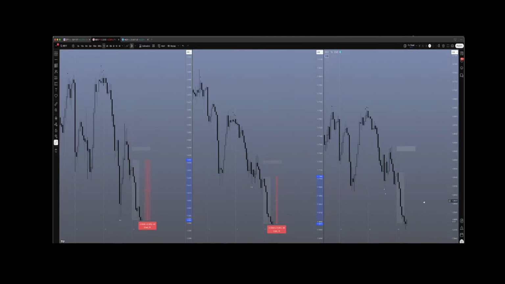If we're not going to continue lower, we need some liquidity pools taken.